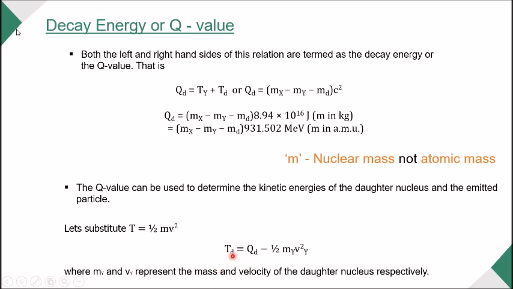Then Td, the kinetic energy of the daughter nucleus, can be represented as Qd minus half my vy square. We have substituted half my vy square and taken it to the left-hand side, so we get Td equal to Qd minus Ty.